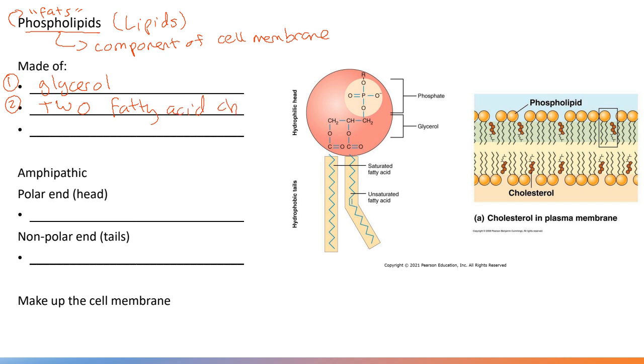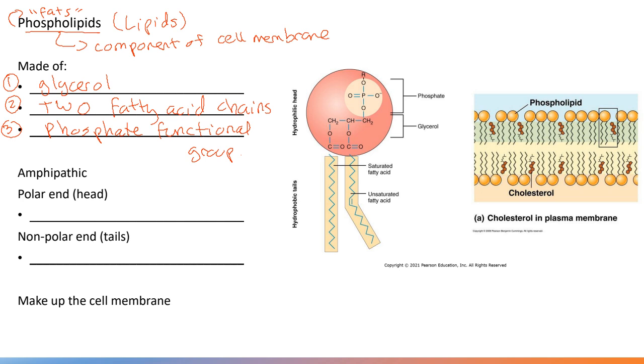So what changes is this: a phospholipid, besides having the glycerol and two fatty acid chains, is going to have a phosphate functional group. Okay. So let's just label them differently here.